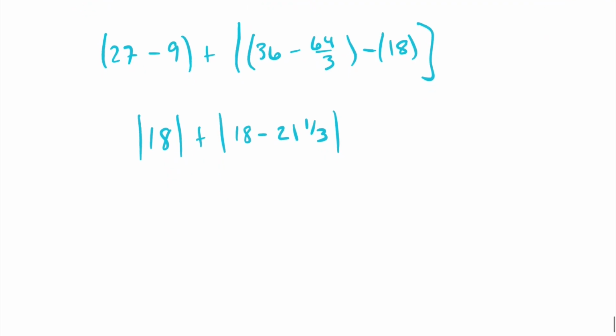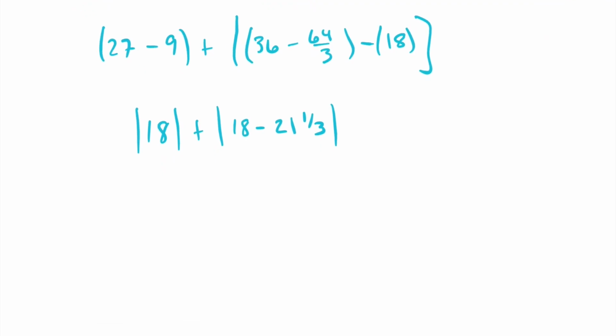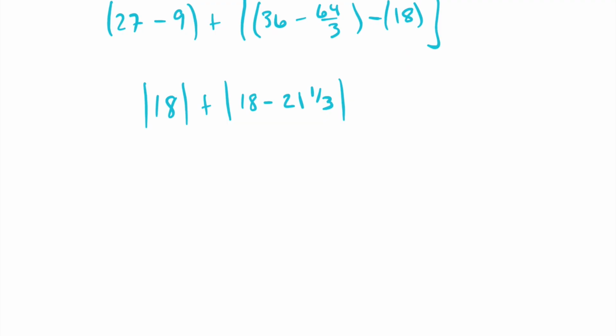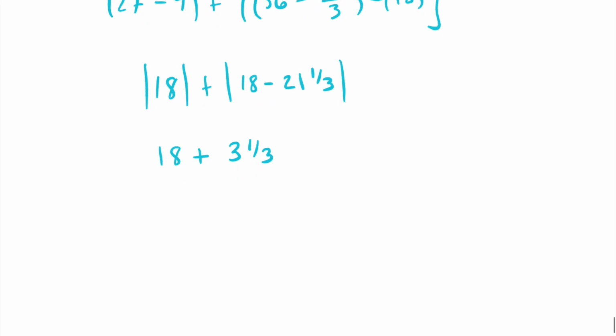Just doing that quickly in my head there, 18, 19, 20, 21. So we're at 3 and a third. So it's 18 plus 3 and a third because this becomes positive. So we're at 21 and a third.